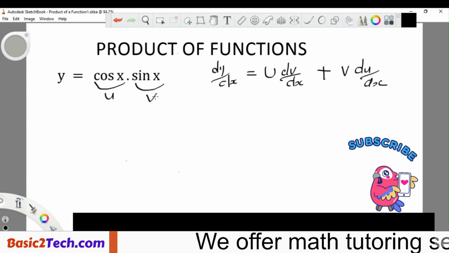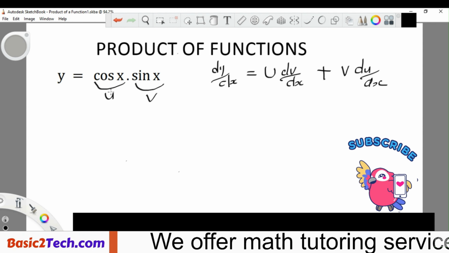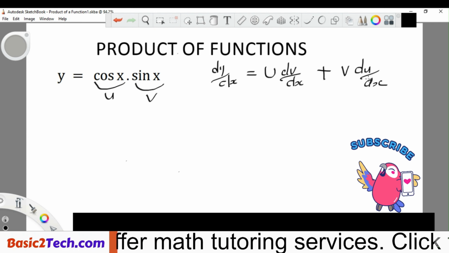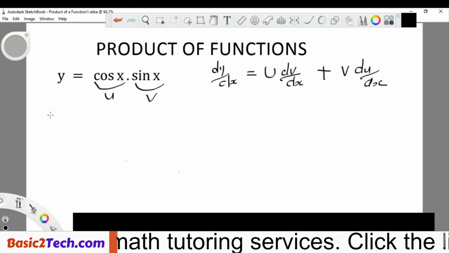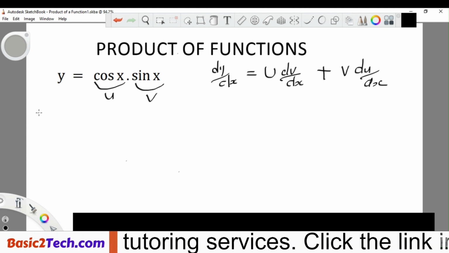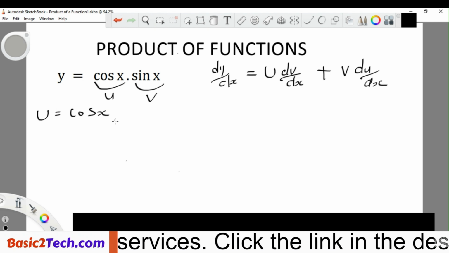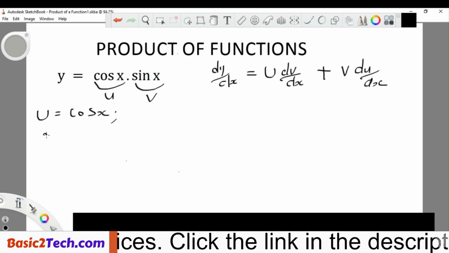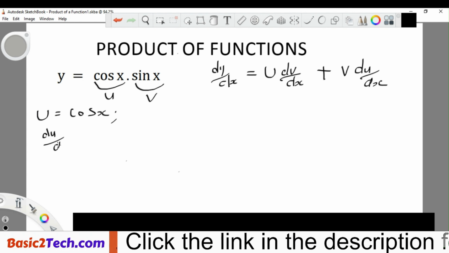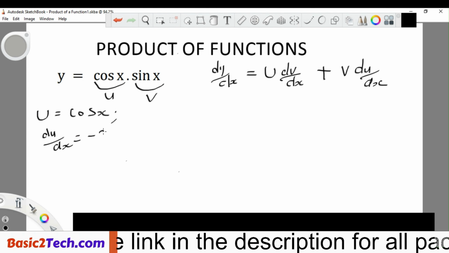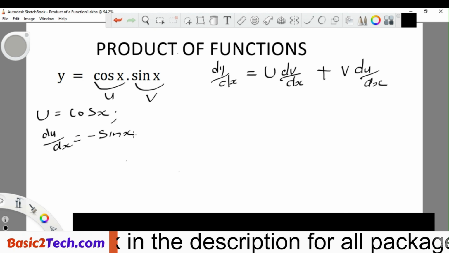So let's try our best to find what are these variables. So as we know, our u is cos x. And when we differentiate u with respect to x, it gives us a negative sine x.